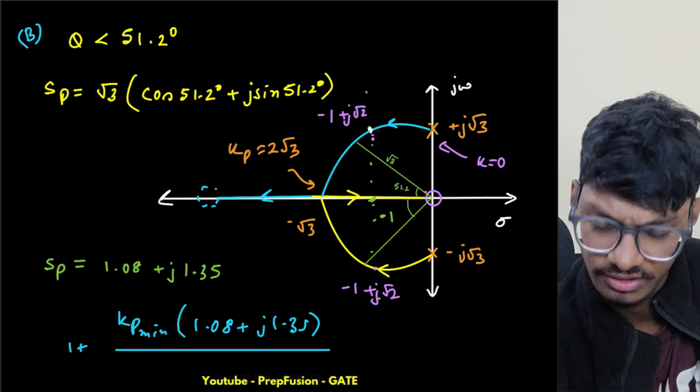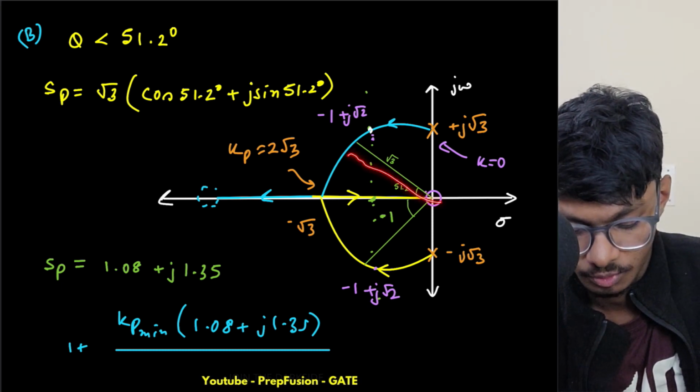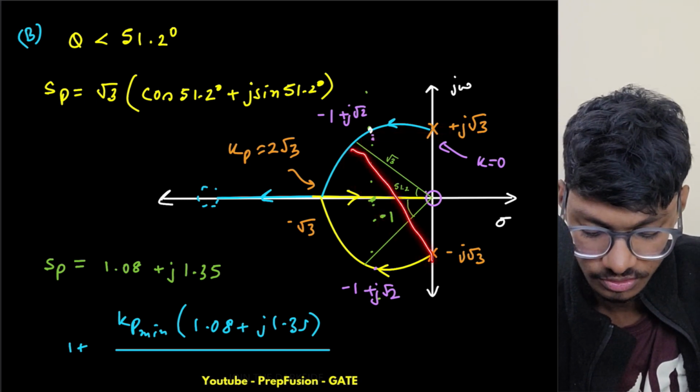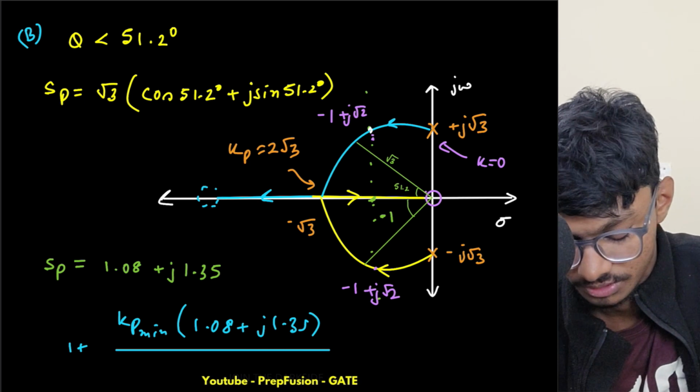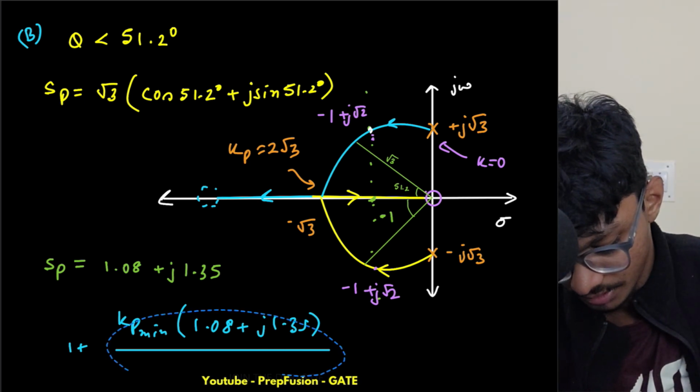You can solve using the graphical method also, no issues, like the distance between this point and this point. You can solve using that graphical method also. I'm not using that for now. I'm directly solving on the equation.